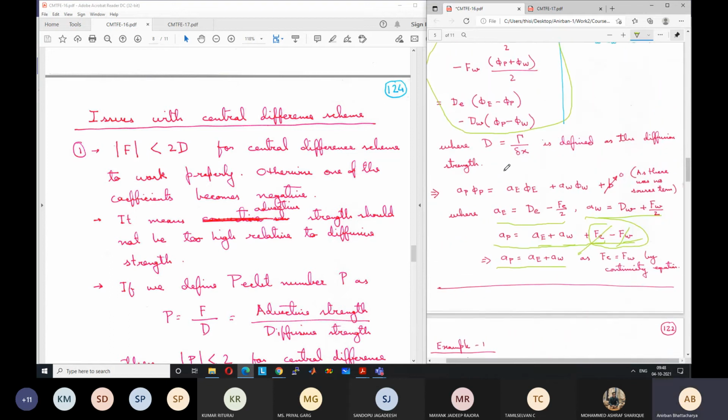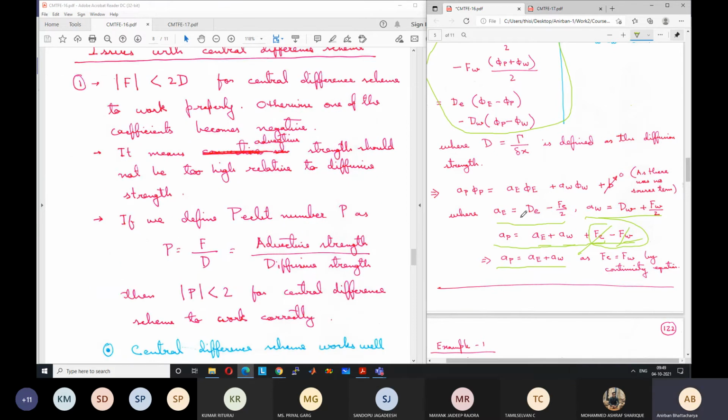So f by d is rho u delta x by gamma. So rho u into some length scale delta x divided by the diffusivity gamma. Okay. For a conduction problem, this will be like rho u, then length scale L, by alpha.